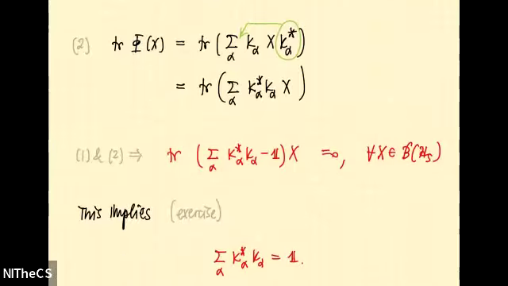What else? We know, on the other hand, that phi is given by the sum over alpha of K alpha X K star alpha. Again, I take the trace, and again I use cyclicity. I also use linearity, so I can take this sum over alpha out if I want, because the trace is linear. And then I can move by cyclicity of the trace this K star over here.